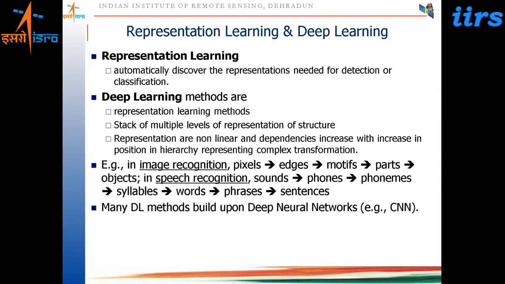In each of the structure levels or hierarchical pyramid levels, the information is expected to represent a particular feature. That's why we generally say deep learning is a representation method, and it always will have a stack of levels of representation.